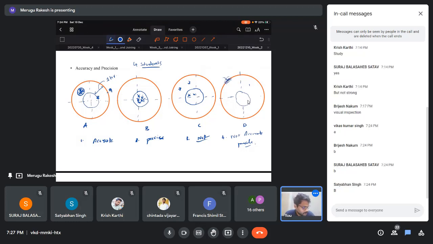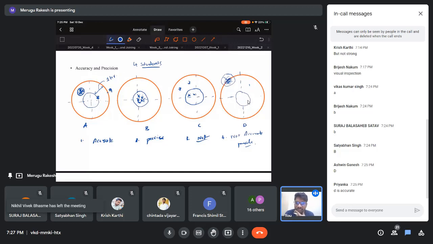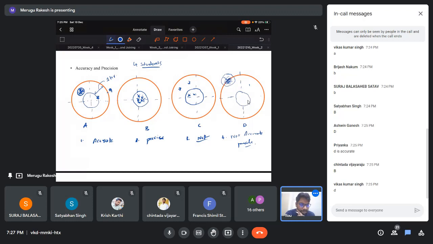Sorry, this diagram lies here. This point lies here. Okay, so I get option A. I'm repeating the question. Who is accurate in this case? Just accurate. I'm not concerned about precise. Okay, so who is precise then?